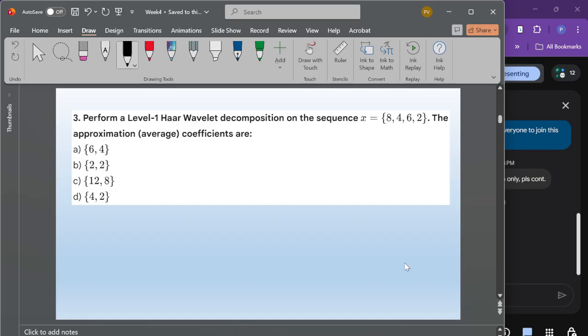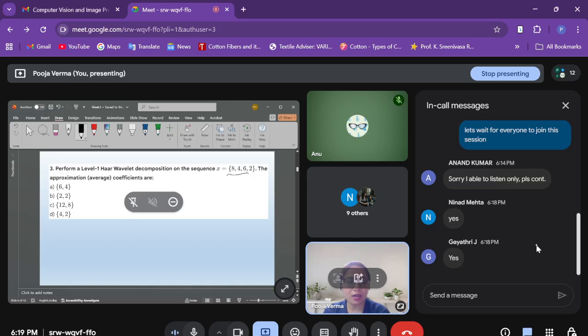Perform a level 1 Haar wavelet decomposition on the sequence x equal to 8, 4, 6, 2, and the approximation or average coefficients are, they are asking only for the average coefficient. So we need to perform level 1 Haar wavelet decomposition for the given sequence. So what are we doing in the Haar transform?